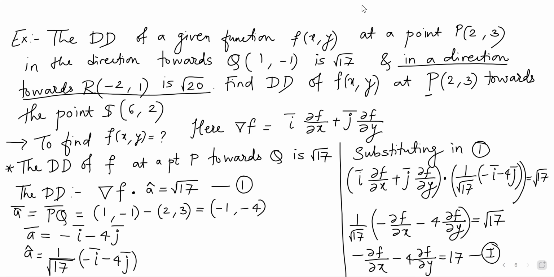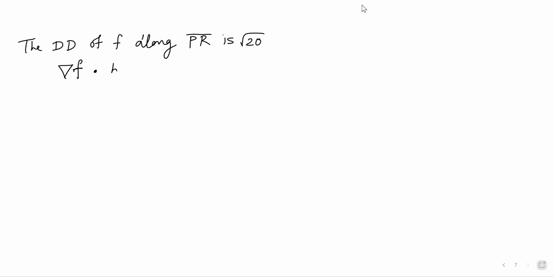The second equation is the directional derivative of f along PR bar is root 20, correct? So that means it is del f dot, I'll call it B cap, equal to root 20. So we call this equation number 2.